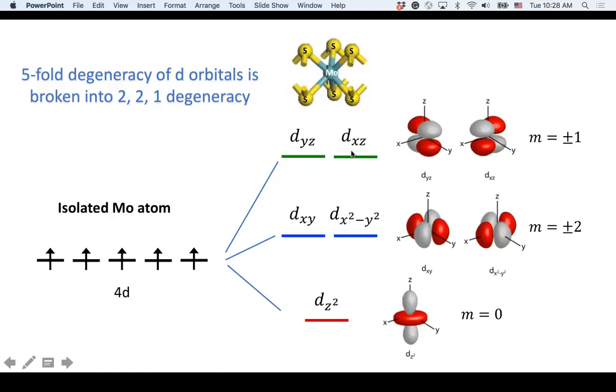These two will have one energy. Then m equal to plus or minus 2 will have another energy, and m equal to 0 will have another energy. If you don't consider the electron hopping, then this dz square will have the lowest energy. But of course the relative energy position will actually change if you consider the electron hopping. Later I'll show you this.